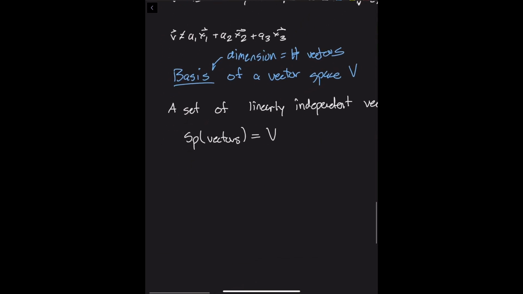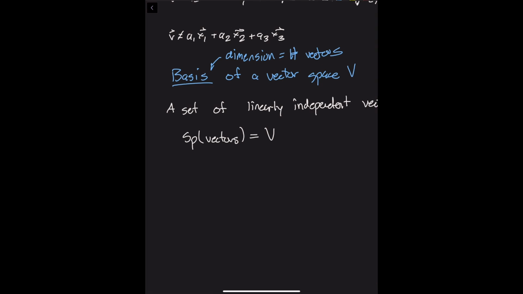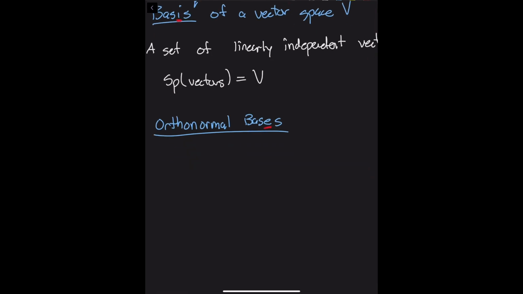Okay, there are some bases that are a little better than others as well. These are called orthonormal bases. And this is plural, the E. This is plural. This is singular, by the way. So you remember this ortho term from orthogonality?